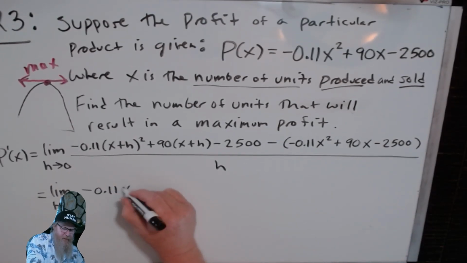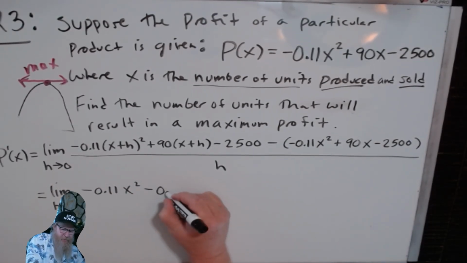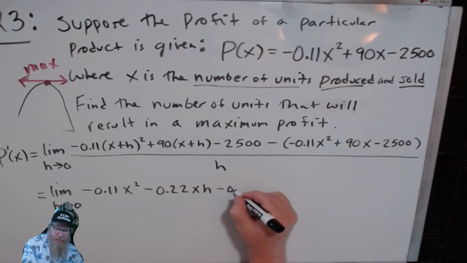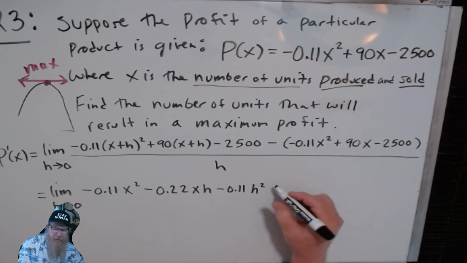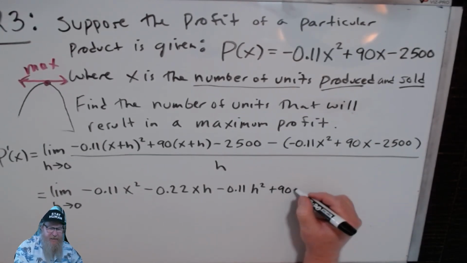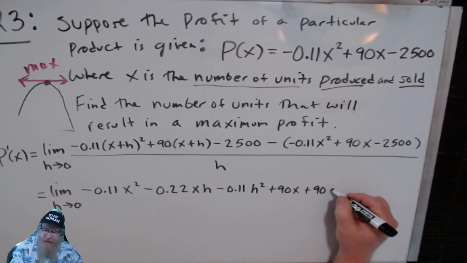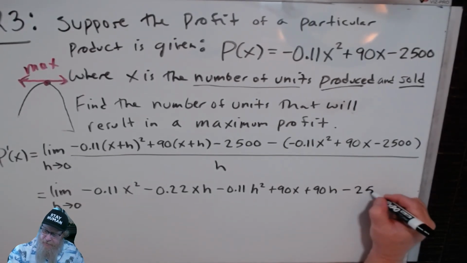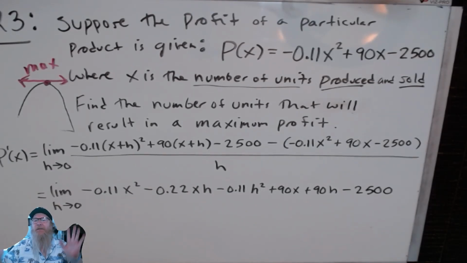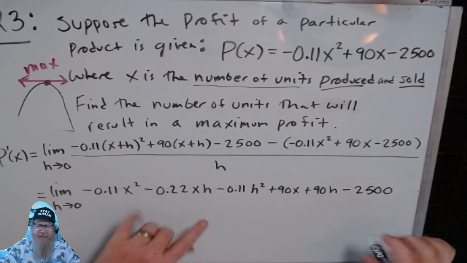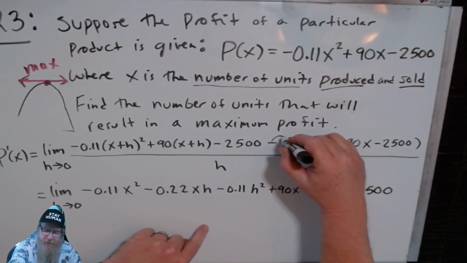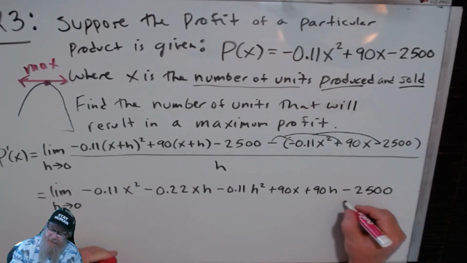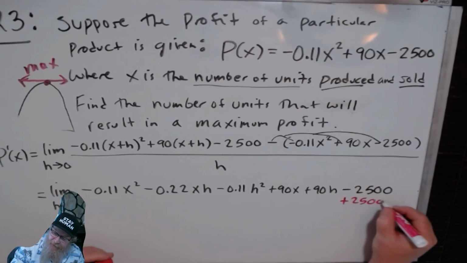Negative 0.11 x squared minus 0.22 xh minus 0.11 h squared plus 90x plus 90h minus 2,500. Watch this trick. When I run out of space, I can go like this. When I distribute this negative, that's going to become a positive 2,500.